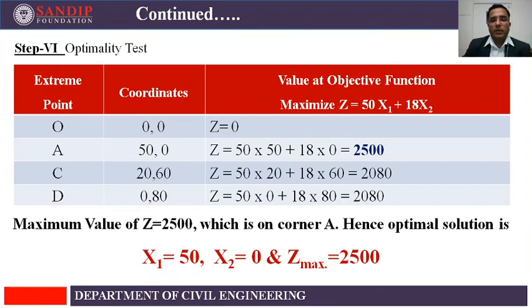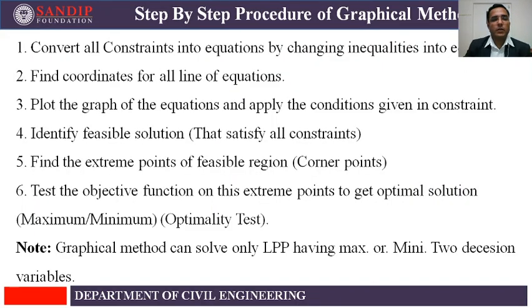The key points of this example are: first, we convert the given inequalities into equalities, so we get a number of equations. From those equations we plot the graph. After plotting the graph, identify the feasible solution, then find the extreme points of that feasible region.